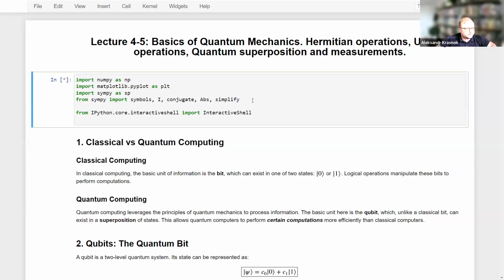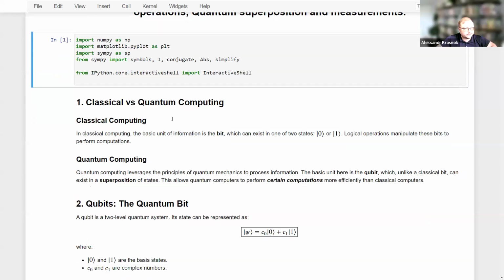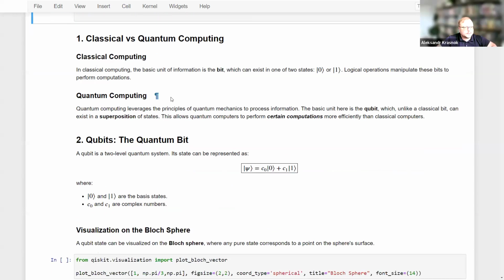So as usual, let me first import the libraries and discuss what we have learned so far. First of all, we discussed that in contrast to classical computing, which deals with a bit, the unit of information, which can be either 0 or 1.